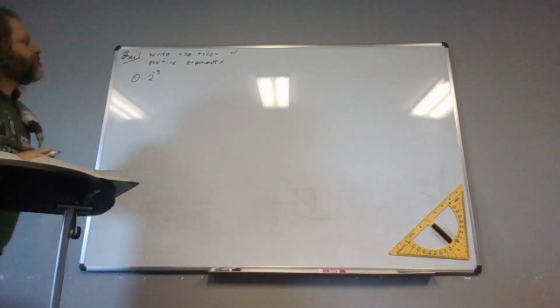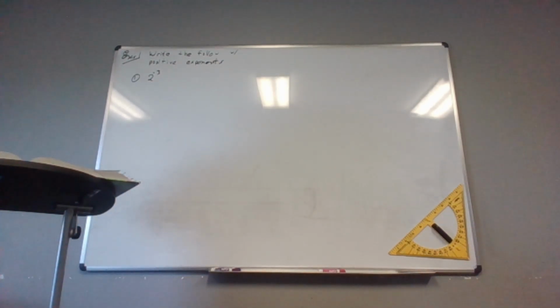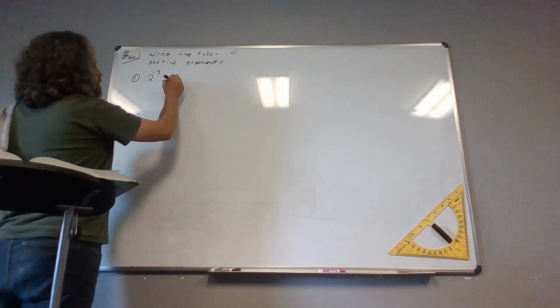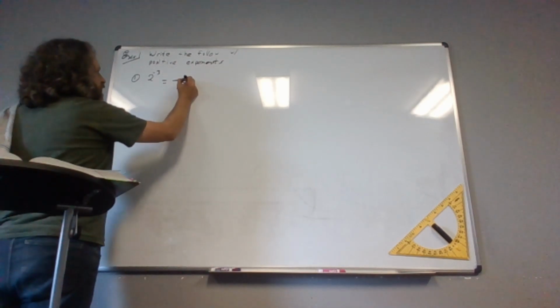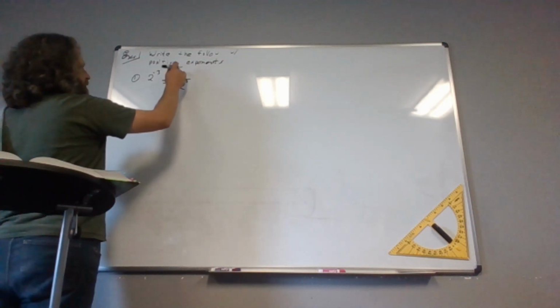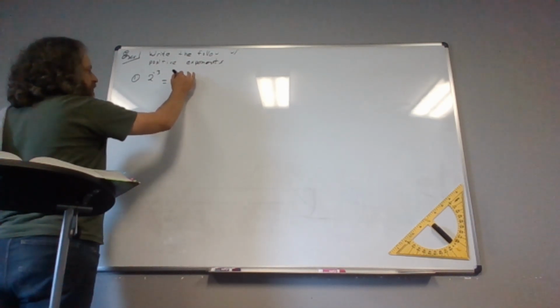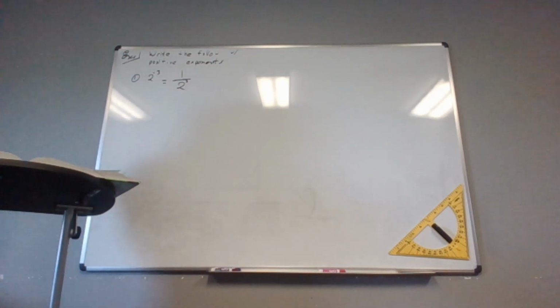So, 2 to the negative 3. We want to write that with positive exponents. We're going to change levels. So it's on the top, so it's going to go to the bottom, and the exponent is going to become positive. So 2 cubed. There's nothing left up there, so we've got to have a placeholder. So 1 will do just fine, right? Easy peasy.